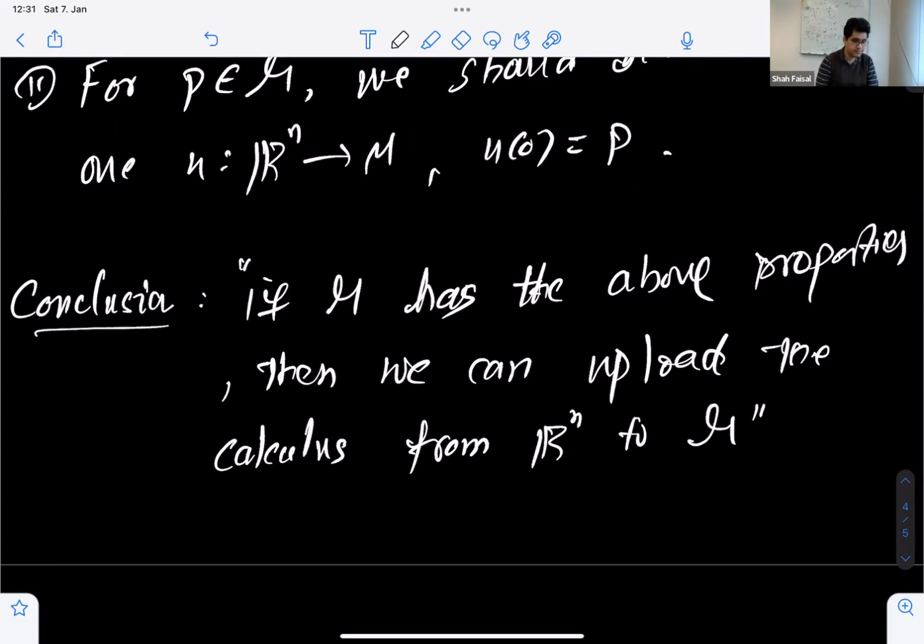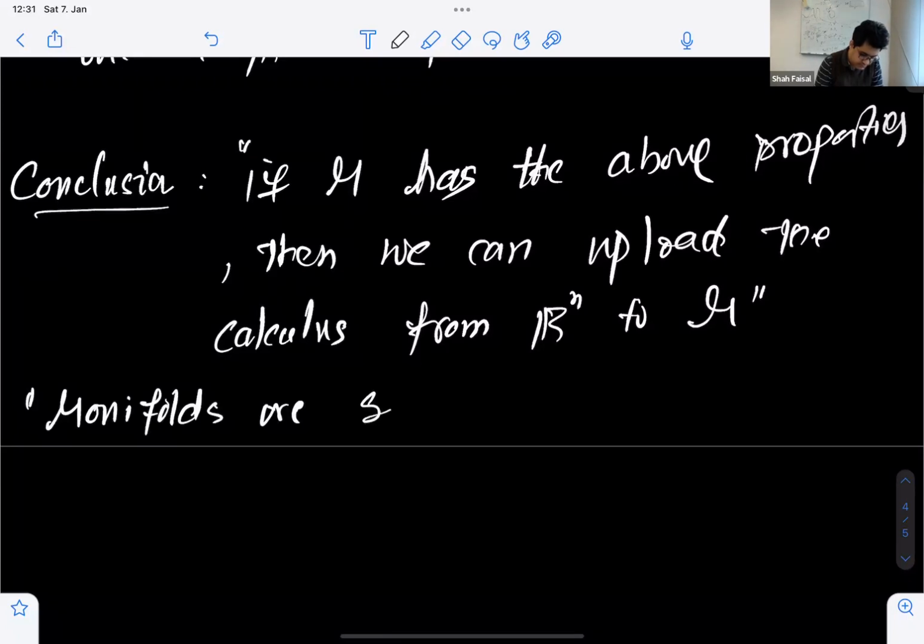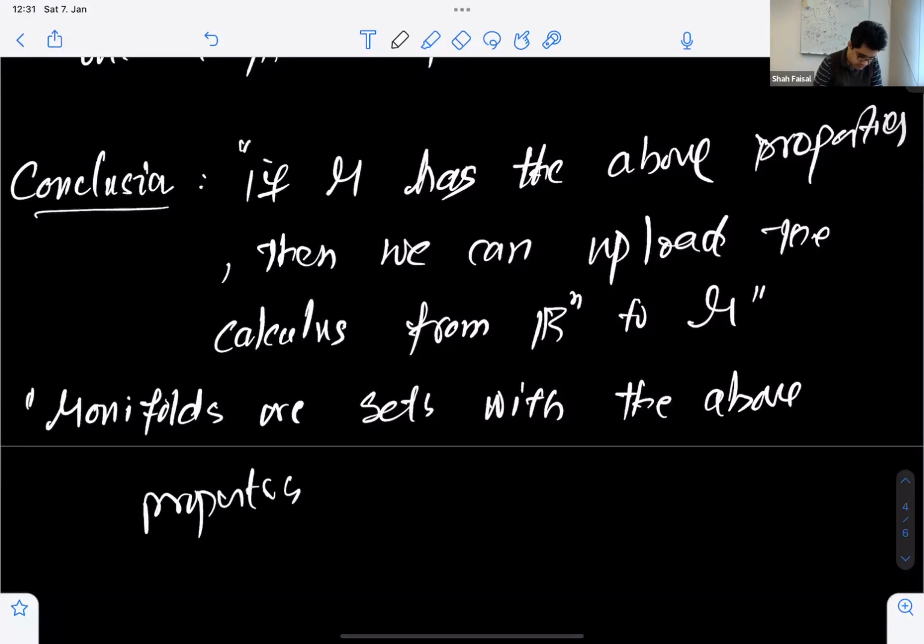Okay, that's the conclusion. And roughly speaking, going back to the question, what is a manifold? Manifolds, roughly speaking, are sets with the above properties, right?